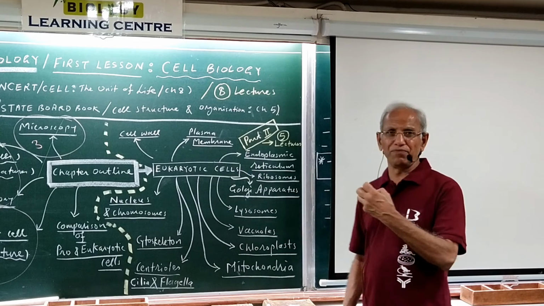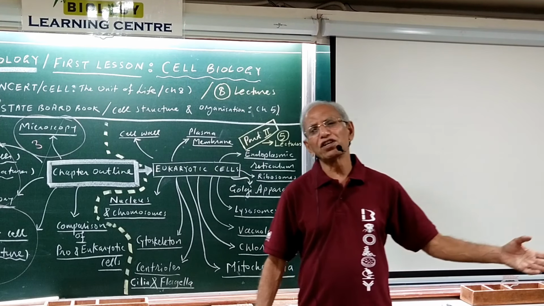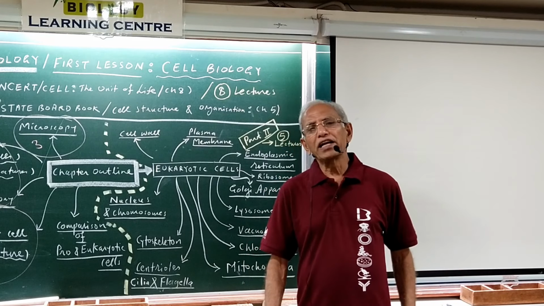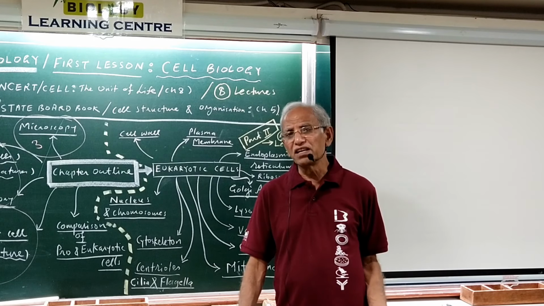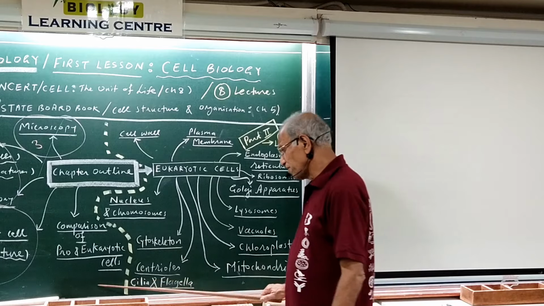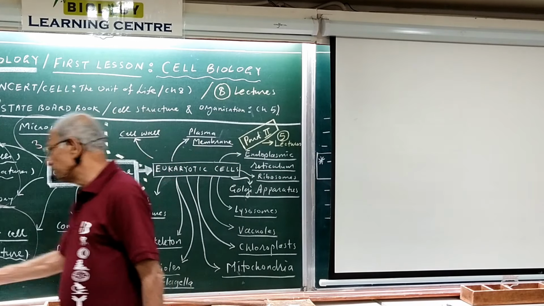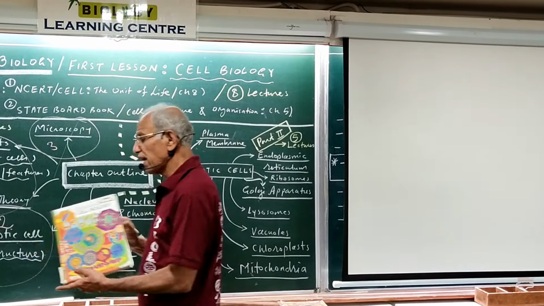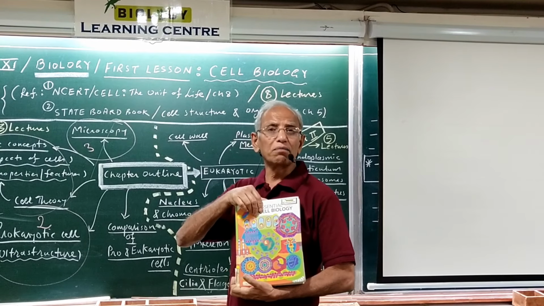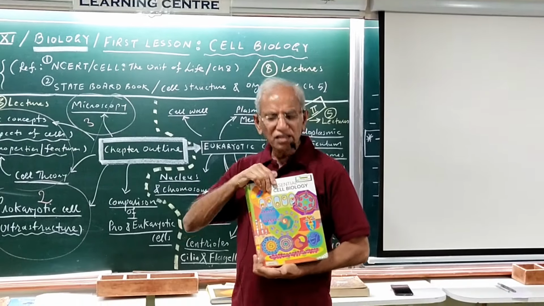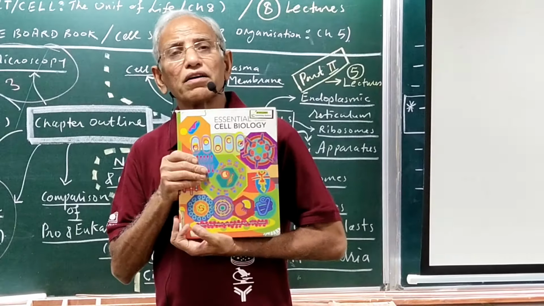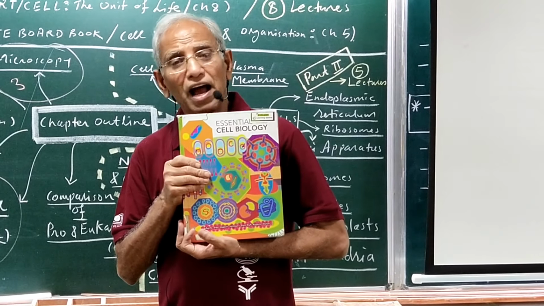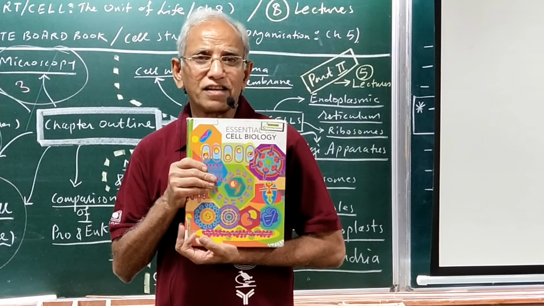It takes time because there is so much research that has occurred, particularly from 1950 onwards. In the last 70 years, so much cell biology has been generated and some great books have been produced. This is one such book that we have, Essentials of Cell Biology, and many such books are there in the Learning Center library.